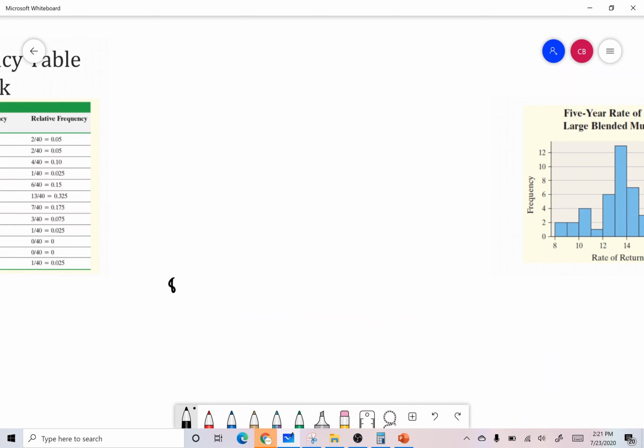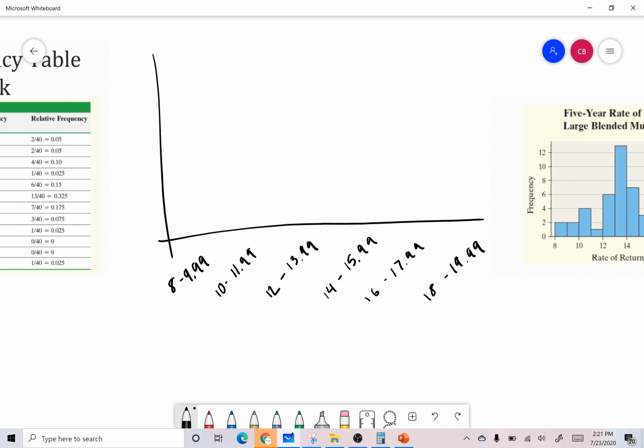We have 8 to 9.99, 10 to 11.99, 12 to 13.99, 14 to 15.99, 16 to 17.99, and 18 to 19.99. Okay, so we've got all that, and remember we're making a histogram.